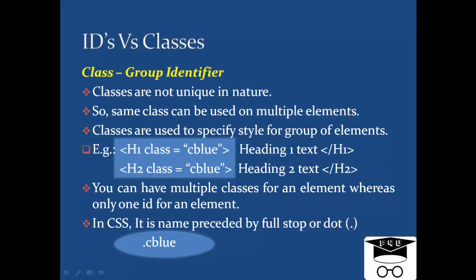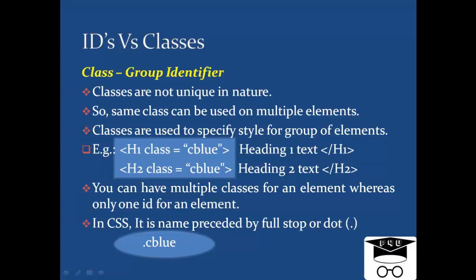Now the other is the class selector. A class selector is a group identifier, that is, classes are not unique in nature like ID. So the same class can be used on multiple elements within the same HTML page. Classes are used to specify the style for a group of elements, unlike ID, which is used to specify the style for a single element.